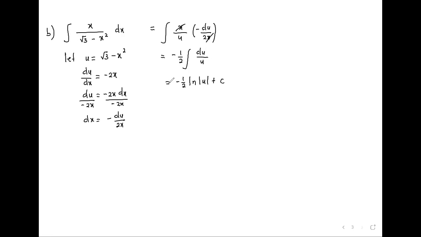Since we said that whenever we have such a situation, we resort to a ln. So we have negative 1 over 2 ln of the root of 3 minus x squared, plus c.